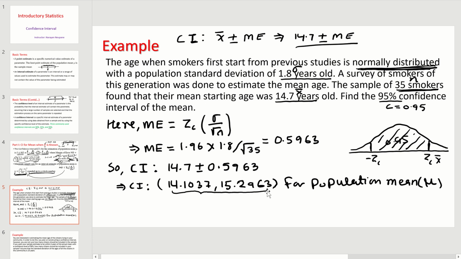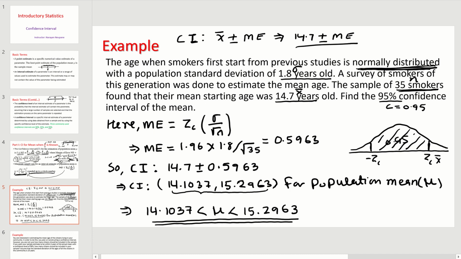and 15.2963. Sometimes we can also write this interval like this: 14.1037 is less than the population mean, which is also less than 15.2963. The meaning is that your population mean is between 14.1037 and 15.2963.